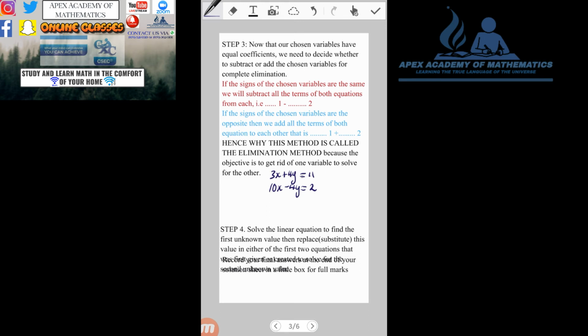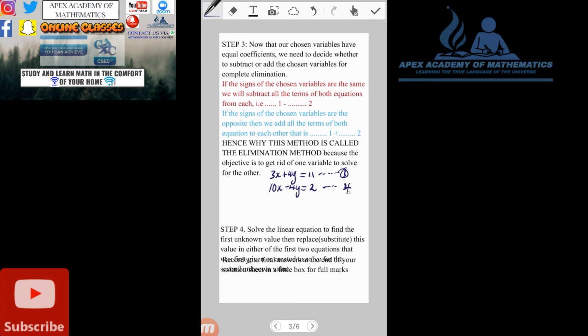So should I add equation 3 to equation 4, or should I subtract equation 3 from equation 4? What do I do? The steps here are written in red and in blue for you.